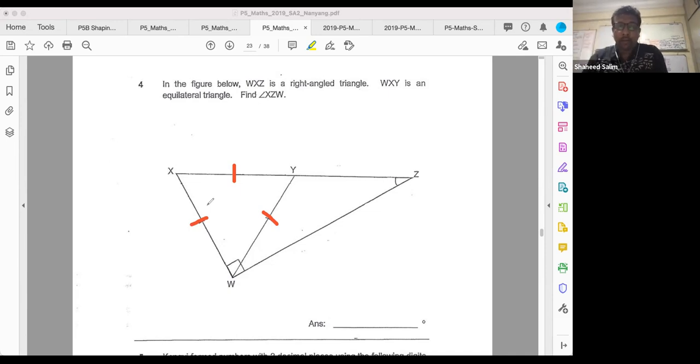Okay, we want to find X, Z, W. This one. Wow. Well done, Carissa.